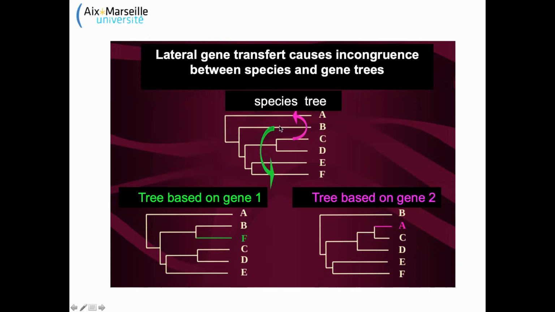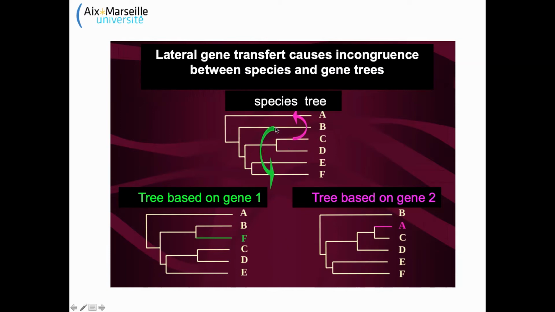So if you find this in your tree compared with the species tree, it means that during evolution, the gene 1 in B species moved to the F species, and then the evolution continued until now.